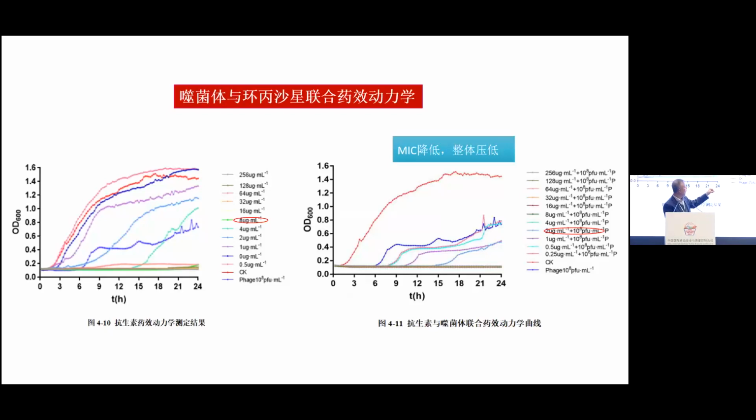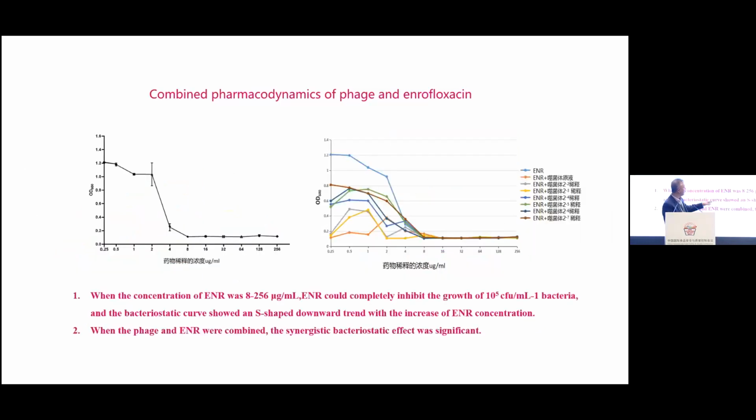If we use the phage and the antibiotics together, it has a better effect. For example, the combination of phage and ciprofloxacin can reduce the dose of ciprofloxacin and improve the bactericidal effects.